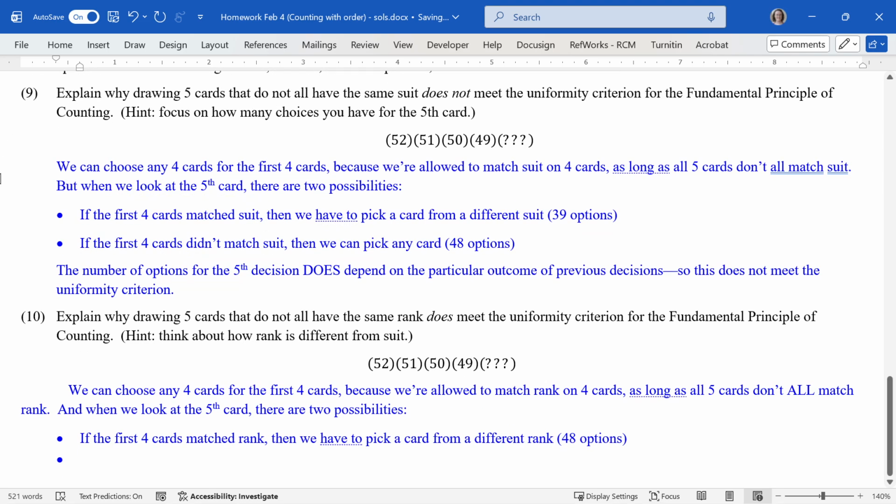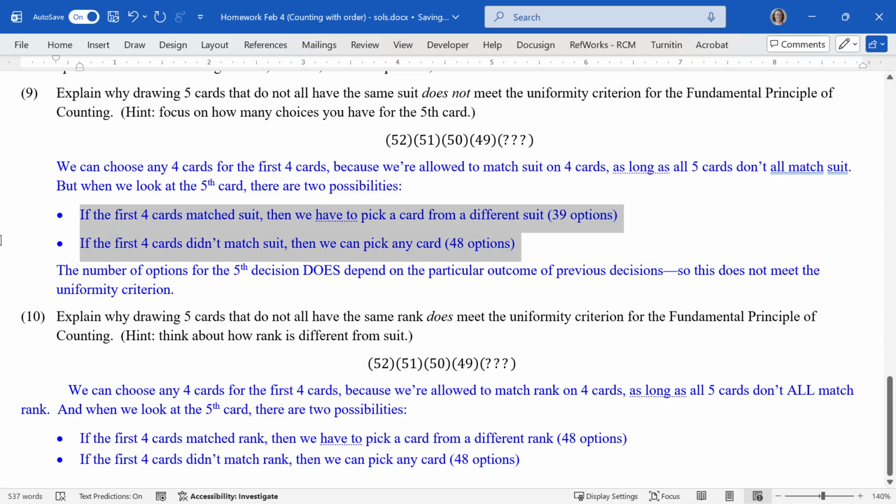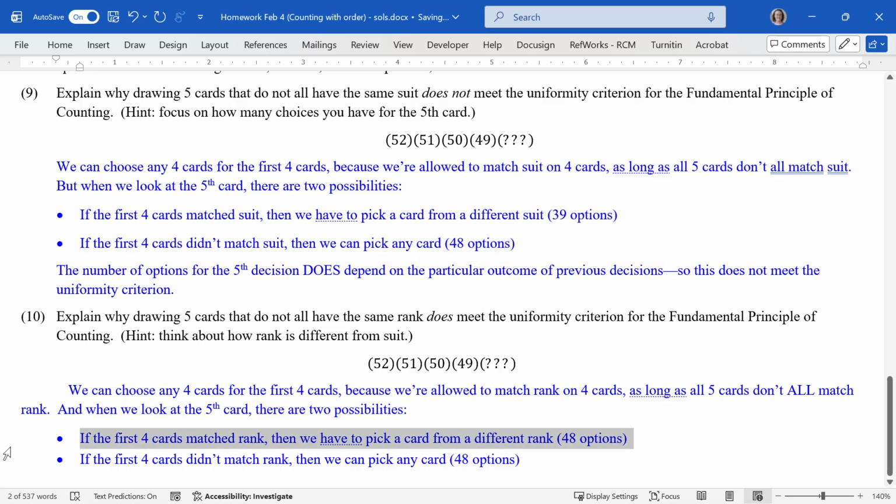Now, on the other hand, if the first 4 cards didn't match rank, then we can pick any card. And how many cards are left to pick from? 48. So you see the difference here? In the first question, we got 2 different numbers, and we didn't know which one to put into the product. But on this one, we actually get the same number.